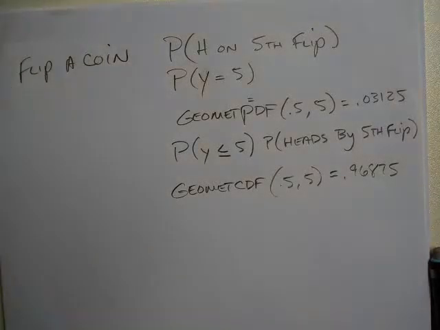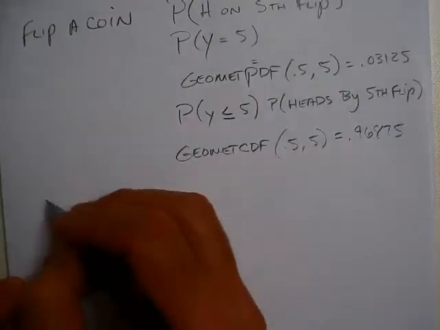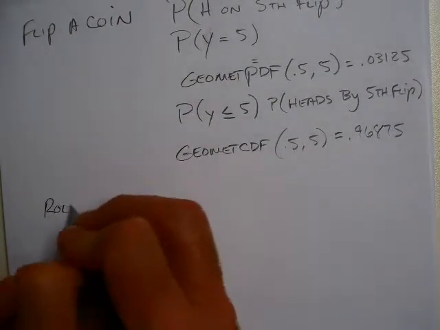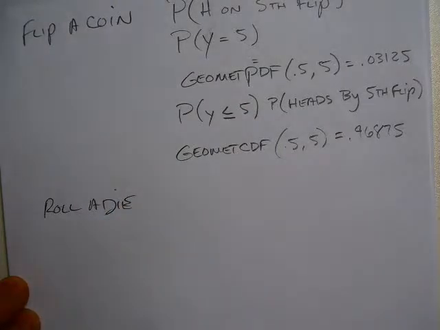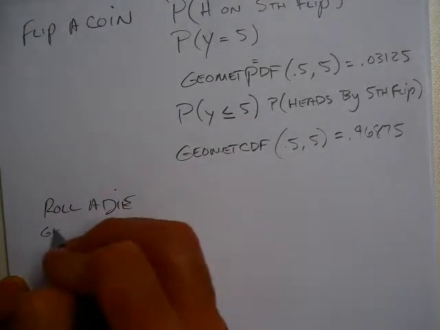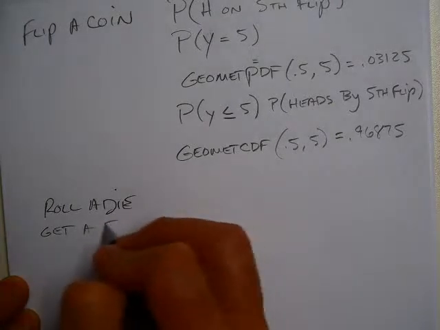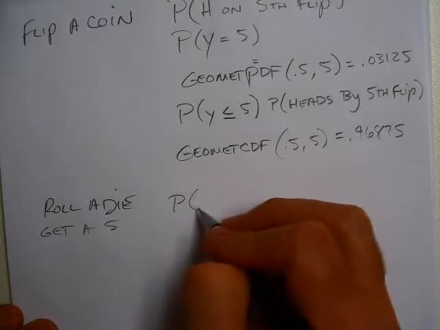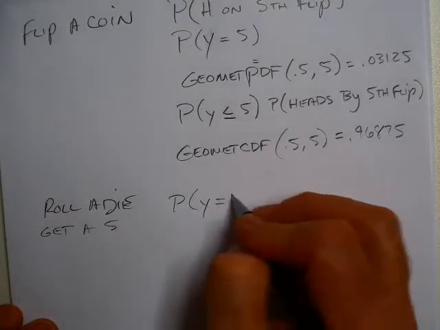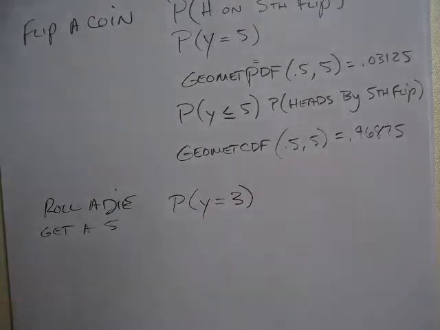So let's show that. Let's roll a die this time. Roll a die and get a 5. So the probability that Y equals 3. What that's saying is, what's the probability that we get the 5 on exactly the third roll?